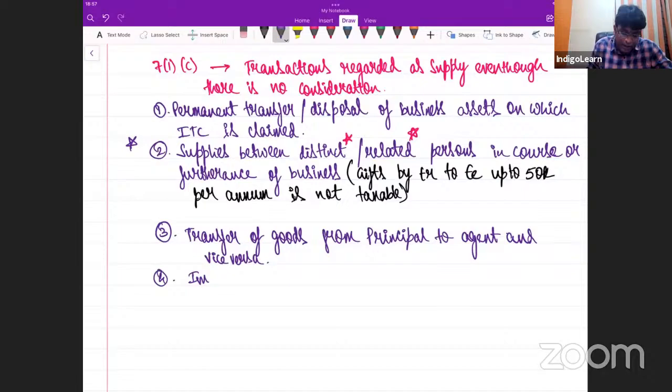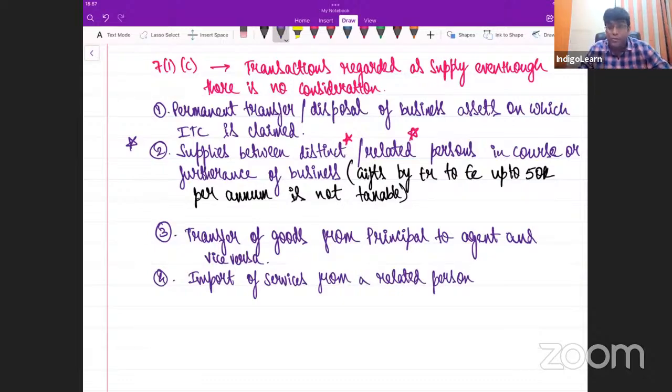Finally, last point. Import of services from a related person. Import of service from whom, sir?